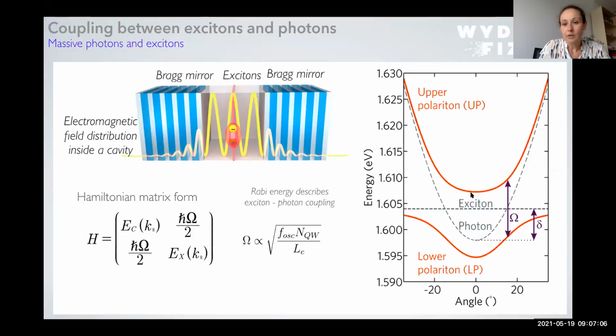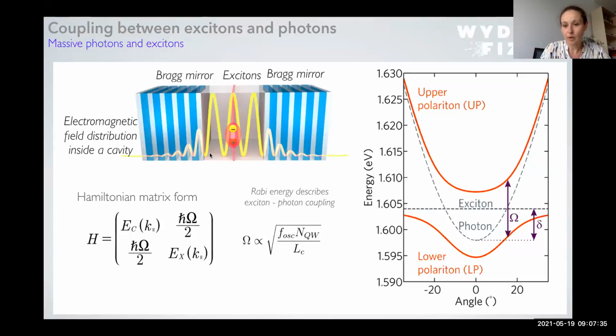The lower and upper polariton modes are composed of their original particles, so each has some photonic fraction and excitonic fraction that you can, of course, tune by changing the relative position of the energy of one versus another. And then the coupling strength is proportional to the exciton oscillator strength and the width of the cavity. So this is my basic system.